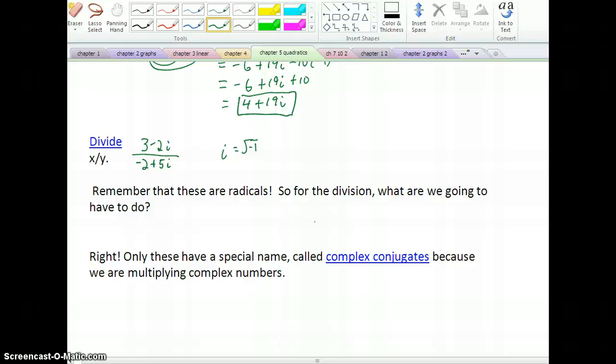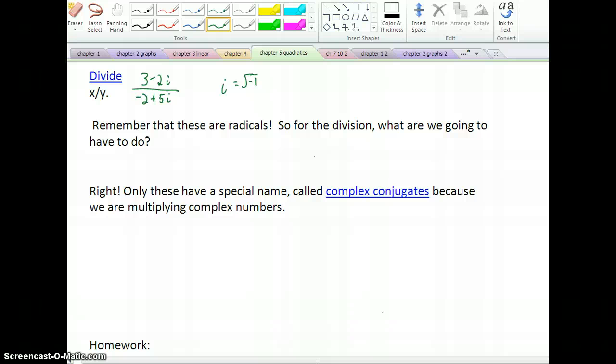We just don't write the square root, we write i. So as we saw yesterday, we would multiply the denominator by the conjugate. Well, in this case, since we have negative 2 plus 5i as the denominator, its conjugate would be negative 2 minus 5i. So we simply change the sign in between the two terms. This is a special case called a complex conjugate because we're multiplying complex numbers.